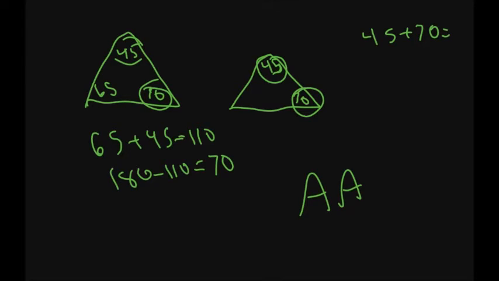So 45 plus 70 would be 115, and then 180 minus 115 would give us 65. Like I said, we didn't have to do that last step to prove that the missing angle was 65, because we know the angle postulate will prove that two triangles are similar.